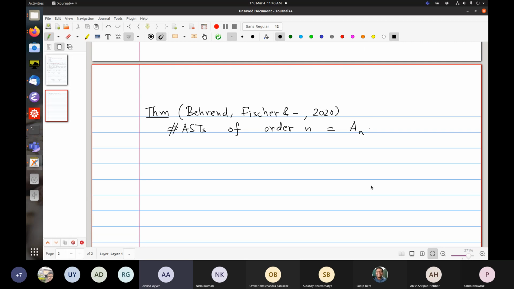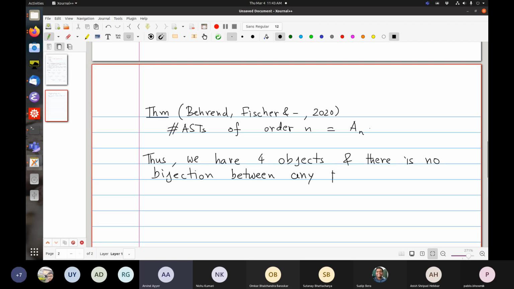To summarize, we have 4 objects, and there is absolutely no bijection between any pair of these.